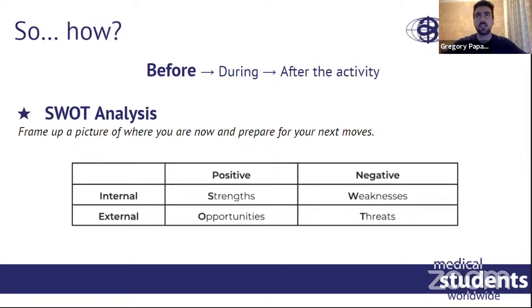For example, as a strength, I have many experienced members that can conduct the activity, or as a weakness, I don't have so much experience in that specific field. An opportunity can be external partners that I can collaborate with in order to maximize my effect.